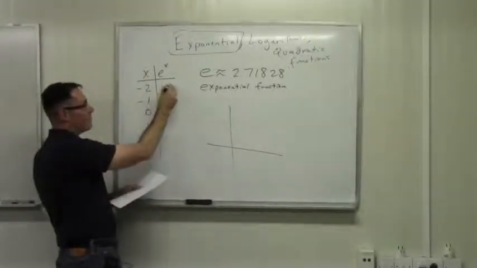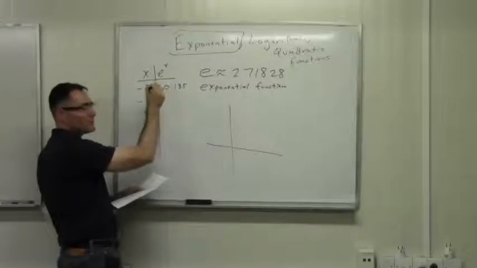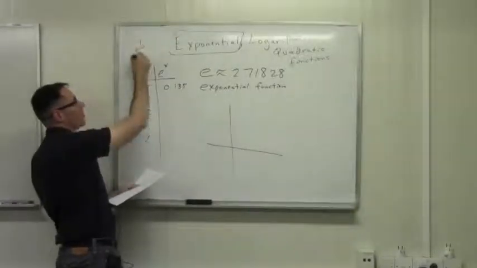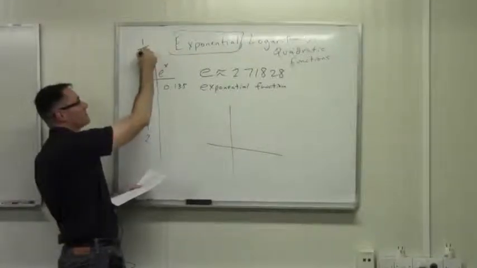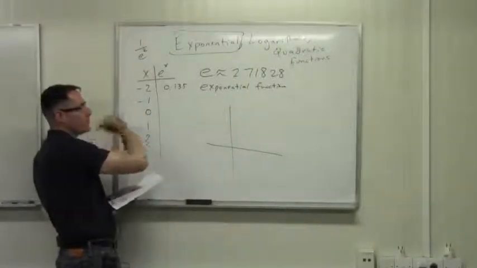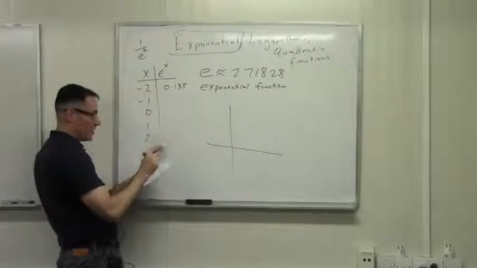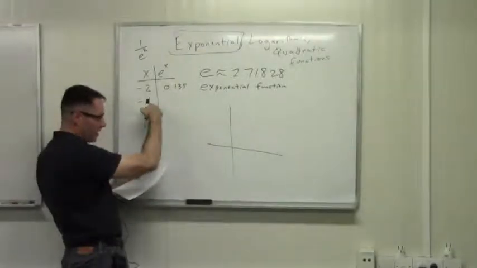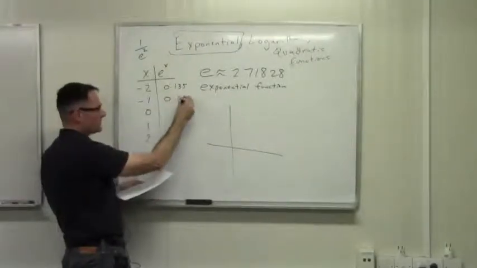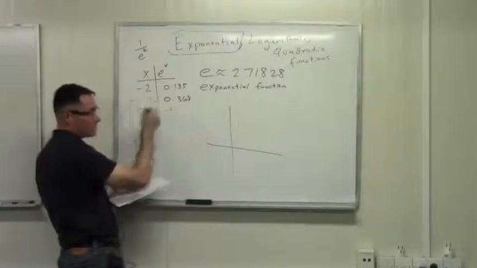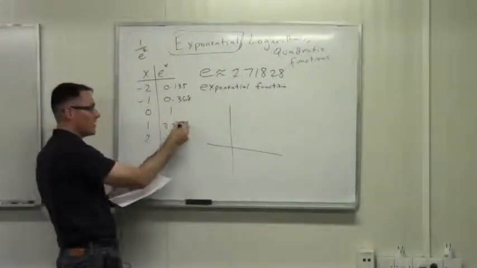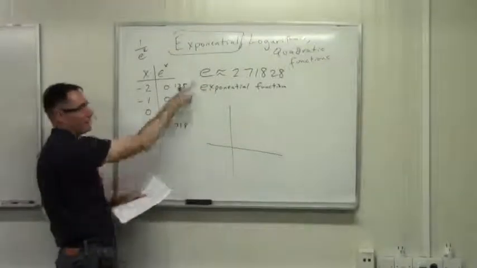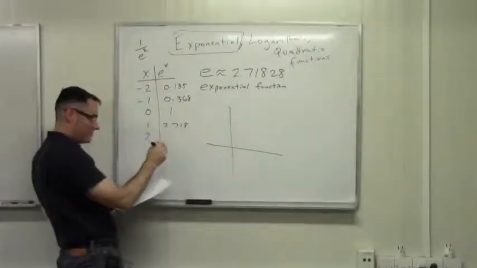You would get 0.135, because that's 1 over e raised to the 2. You should try that and see if you can get it. If you did -1, it would be 0.368. If you did 0, of course, it's still 1. If you did 1, it's going to be 2.718, because that's what that number raised to the first power is.